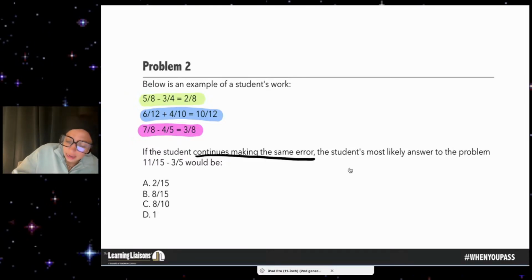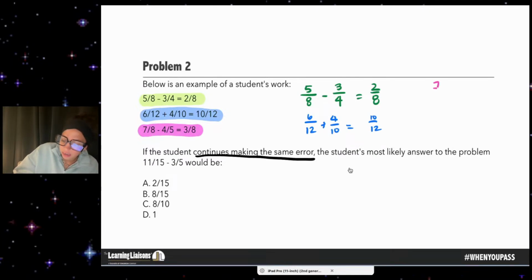So they did 5/8 minus 3/4 equals 2/8. They did 6/12 plus 4/10 equals 10/12. And they did 7/8 minus 4/5 equals 3/8.